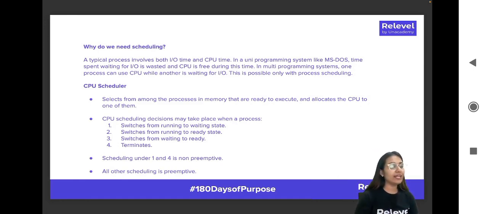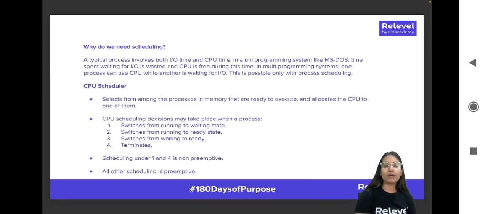Then the concept of the CPU scheduler comes in. There are a lot of processes which are in the ready state, and we choose a process among all of these, start the execution for that process and bring it into the running state.